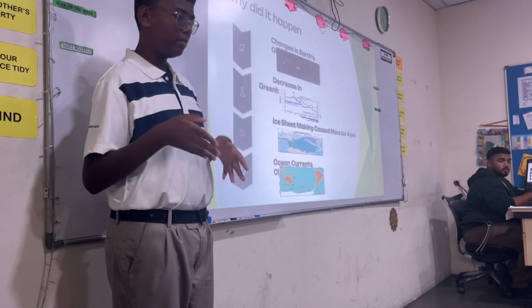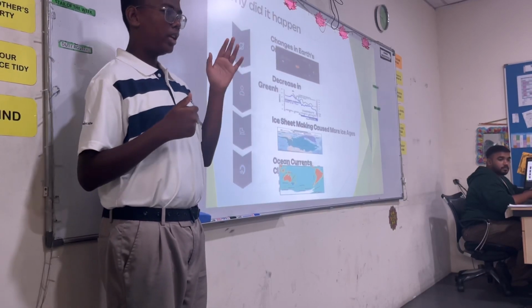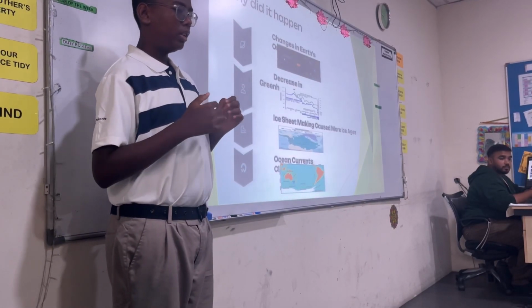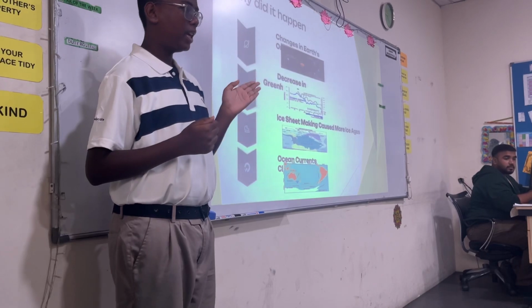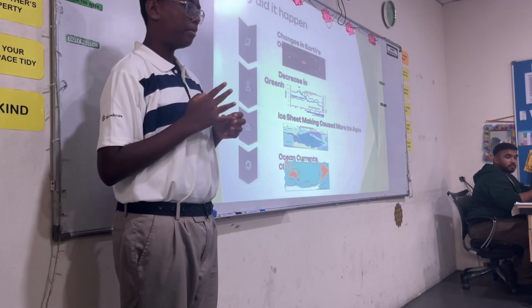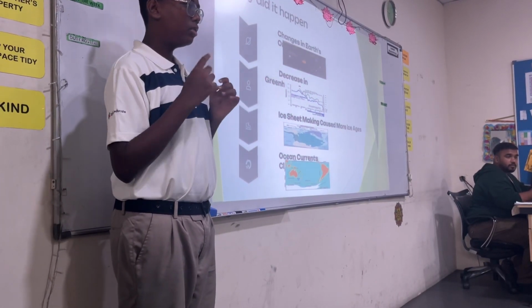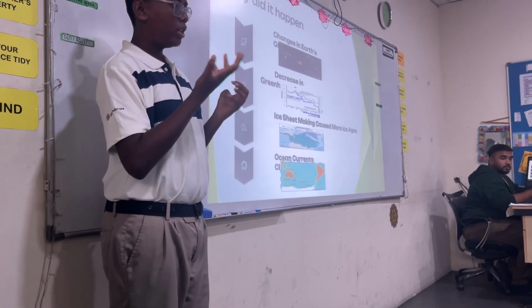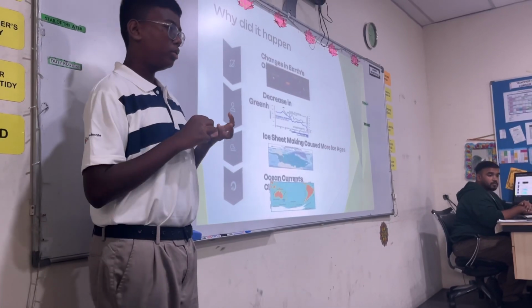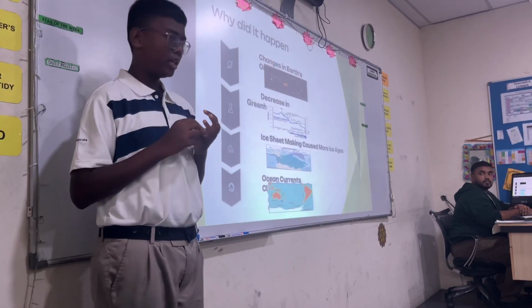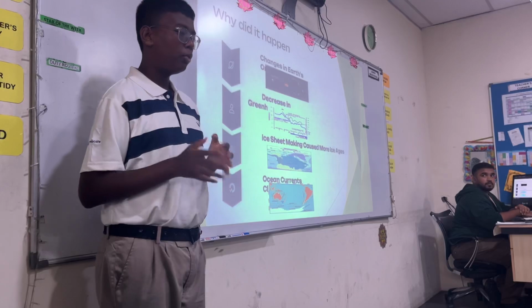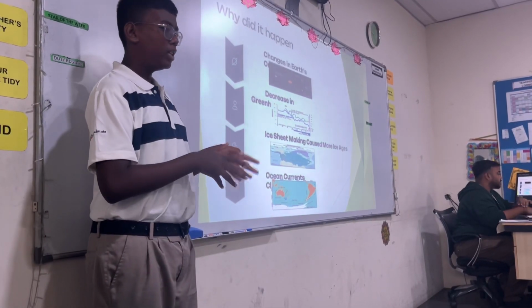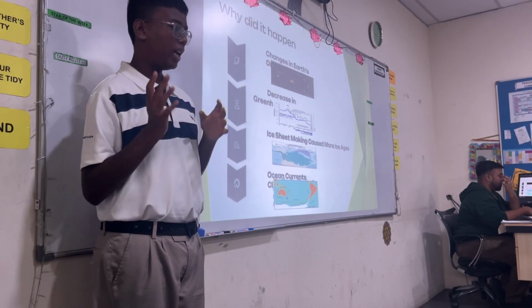When sunlight comes, land absorbs it, but when it's ice, it will just reflect back, making it cold. So there are no greenhouse gases to catch it. So that's the reason. Ocean currents changing: when an ocean current that was once warm changes all of a sudden to cold, and vice versa.